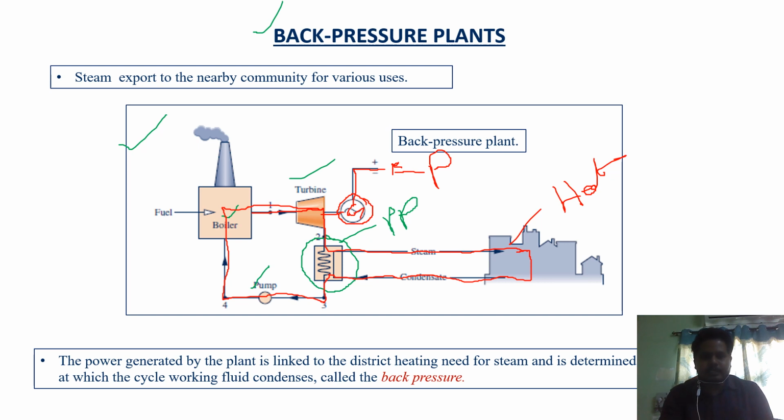So it is called a combined heat and power cycle, or cogeneration. So this is the back pressure plant. The common definition for back pressure is that the power generated by the plant is linked to the district heating need for steam. It is known as a back pressure plant.